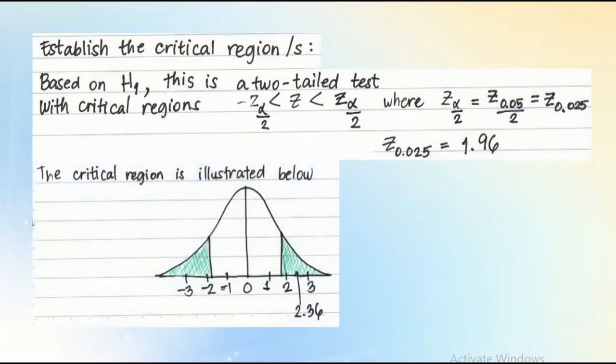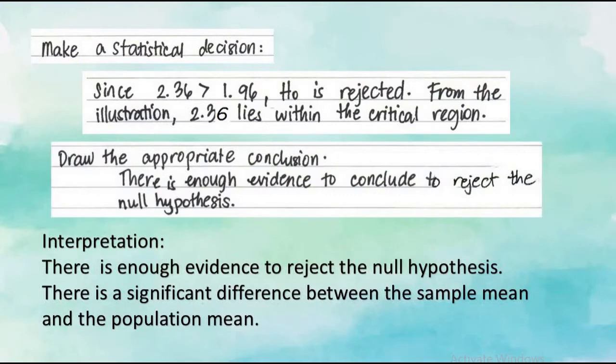The critical region is illustrated below. Make a statistical decision. Since 2.36 is greater than 1.96, H0 or the null hypothesis is rejected. From the illustration, 2.36 lies within the critical region.